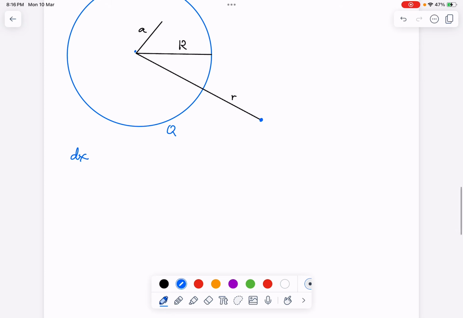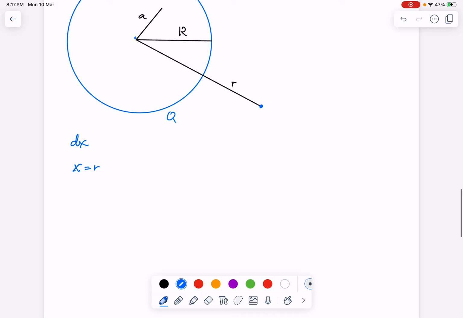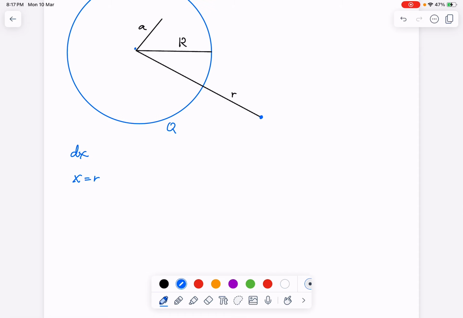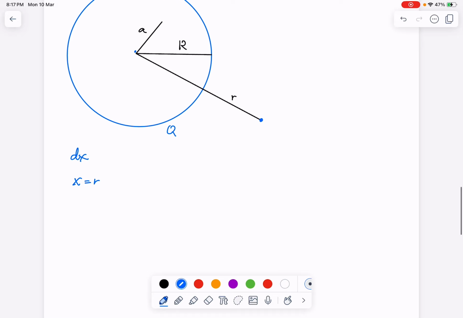The electric field is going to be, when x equals r, you can calculate from Gauss law: E dot dA equals charge enclosed over epsilon naught.